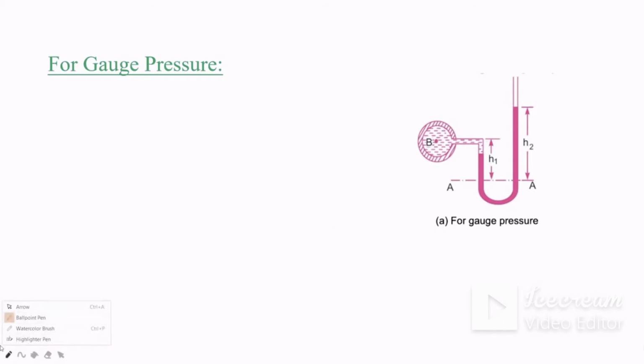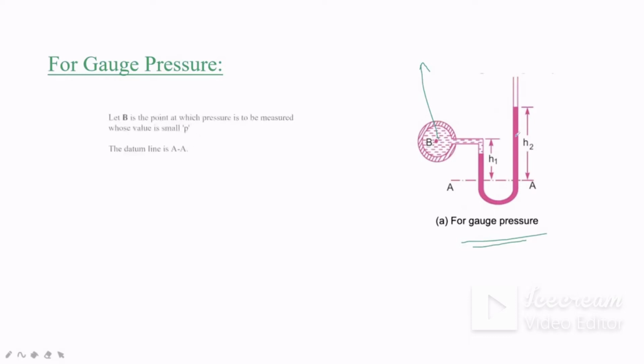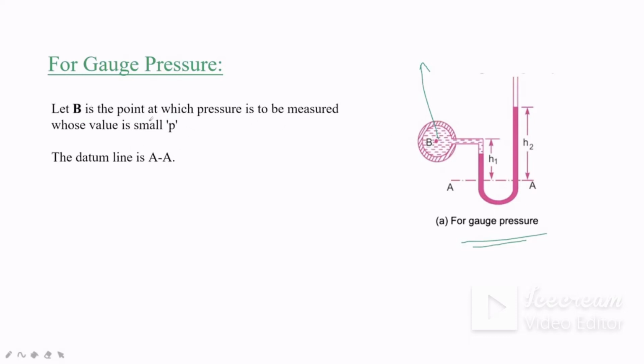So this is the system where pressure is to be measured. In that system, we will take B as a point. This is the U-tube manometer. B is the point at which pressure is to be measured, and the pressure at B we will take as a small p.